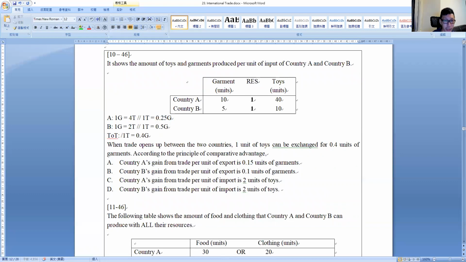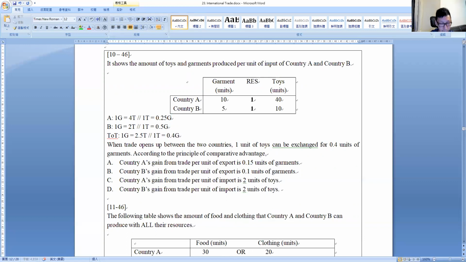Let's write it the other way round. 1G would equal how much? 0.4, okay, 1 divided by 0.4, that's 2.5. Excuse my poor maths.